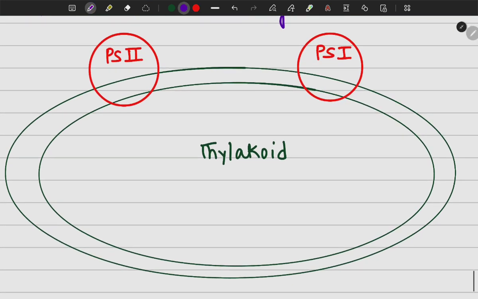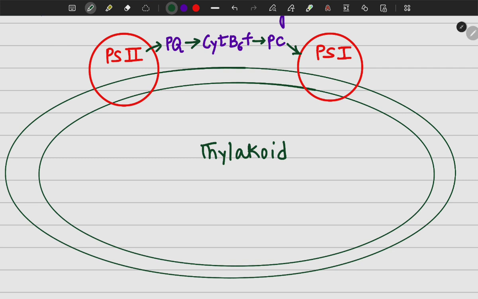So in the electron transport chain, I'll draw the 3 electron acceptors: plastoquinone, then cytochrome B6F, and then plastocyanin. So the electrons will flow from here to here and then to photosystem 1.